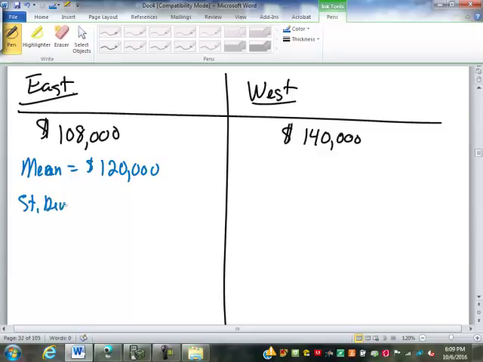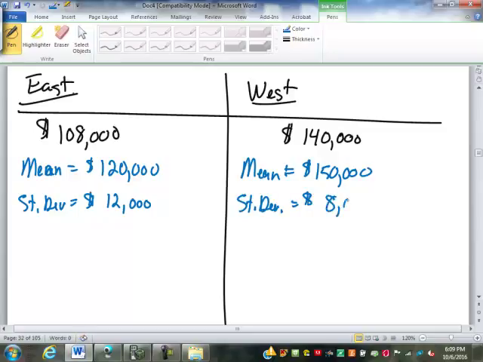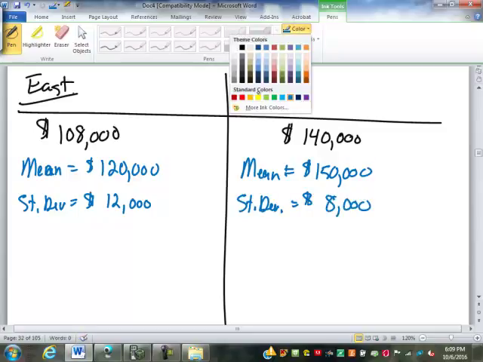And the standard deviation is $12,000. Let's look at west of town. Let's say the mean of houses west of town is $150,000 with a standard deviation of $8,000.